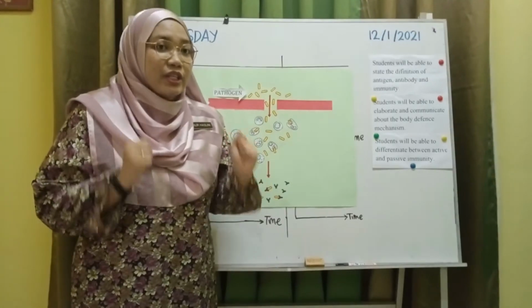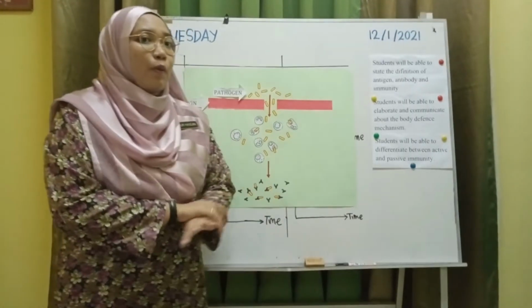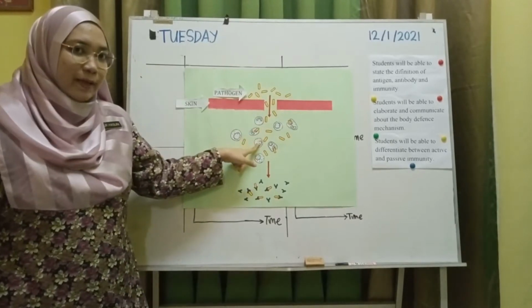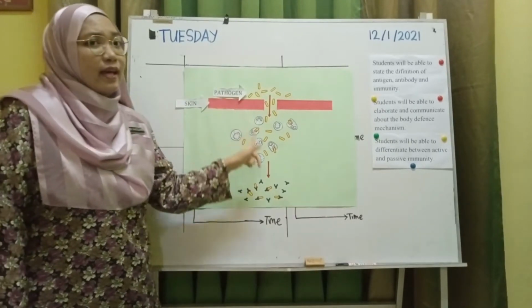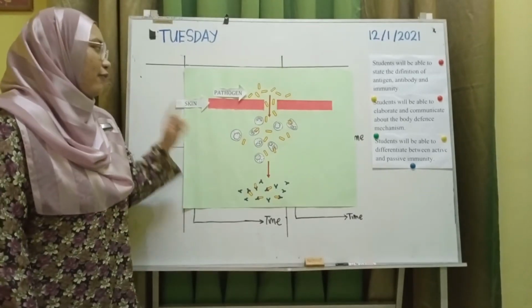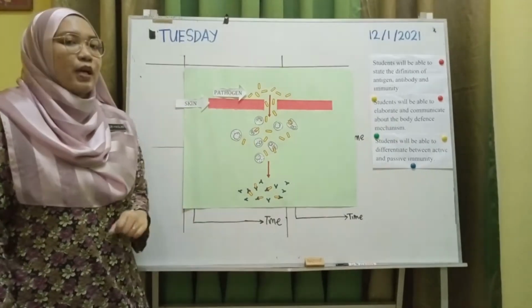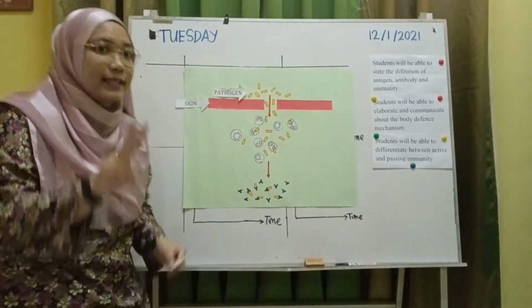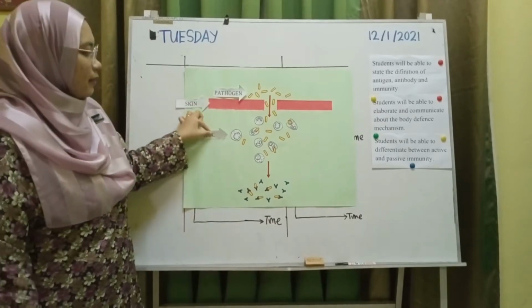When we are injured, our skin will be cut open and the pathogen can enter our bloodstream. In that case, the pathogen has already passed the first line of defense, which is the skin. We need to depend on our second line of defense, which is white blood cells.